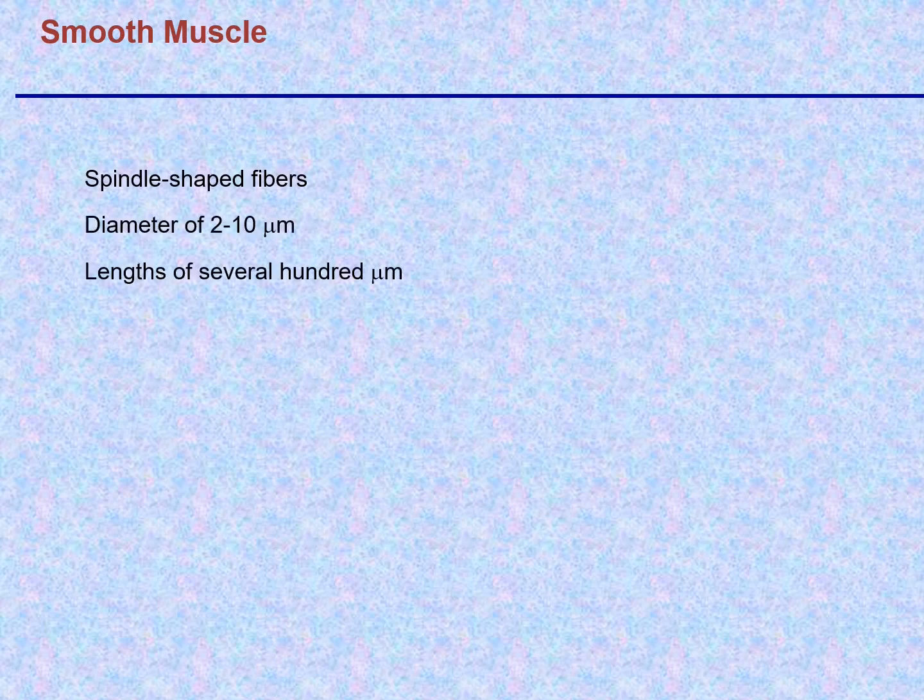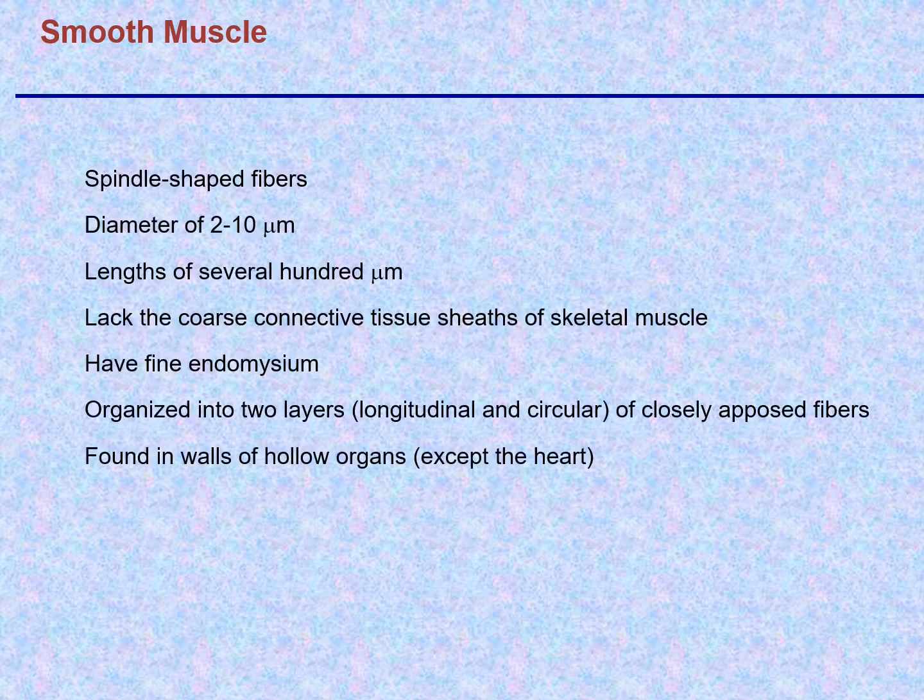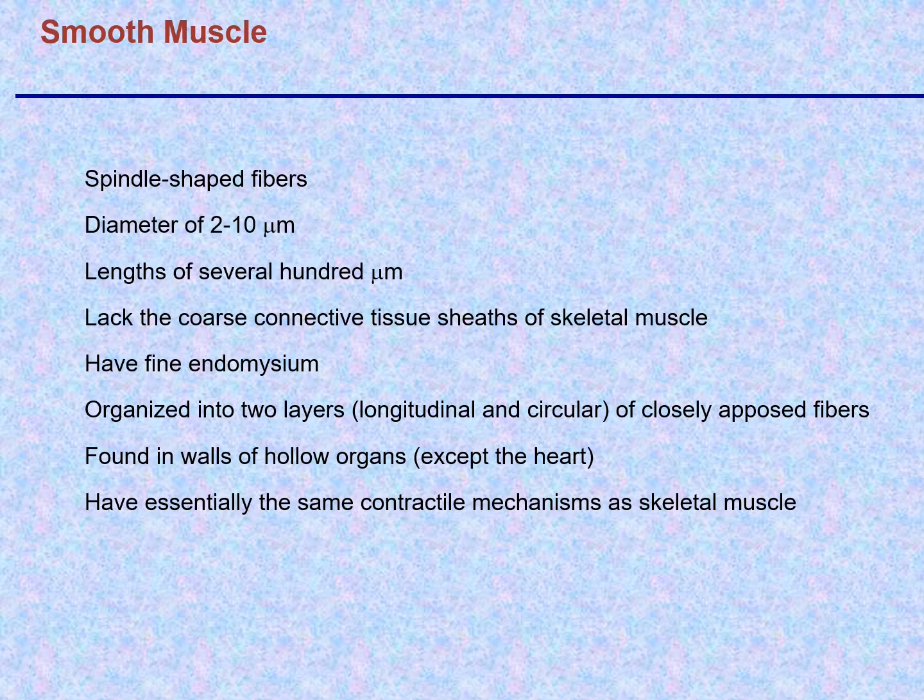Okay, so we've finished with skeletal muscle. Let's go on to smooth muscle. Remember that smooth muscle is the kind of muscle tissue that you find around tube-like structures in the body, the gastrointestinal tract, the vascular system, particularly the arterial side of the vascular system, particularly in arterioles, you have a lot of smooth muscle.